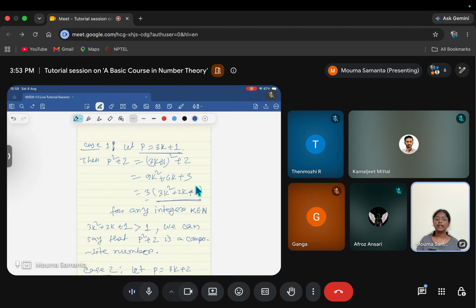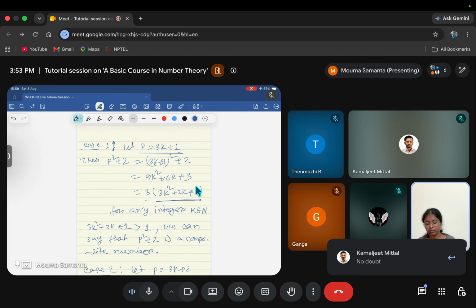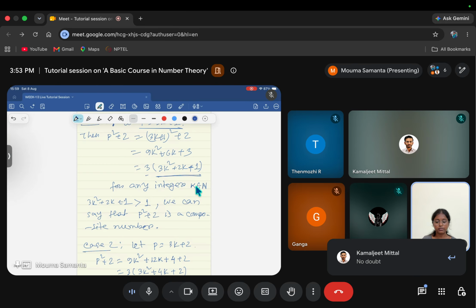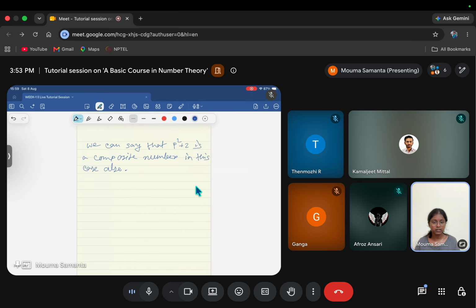That means p can have 3 forms at most: 3k or 3k plus 1 or 3k plus 2. The case 3k we cannot consider because p is a prime. So we proceed with 3k plus 1 and 3k plus 2, and in those cases we have seen that p square plus 2 is a composite number.